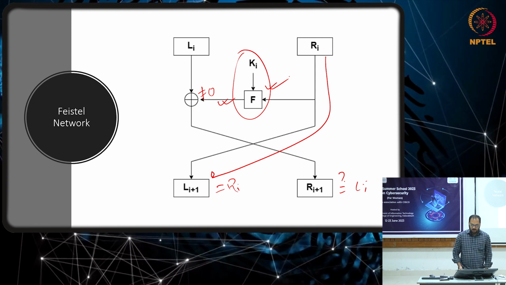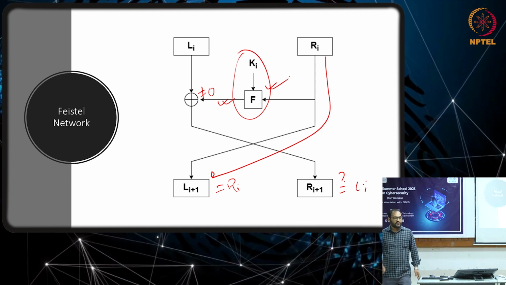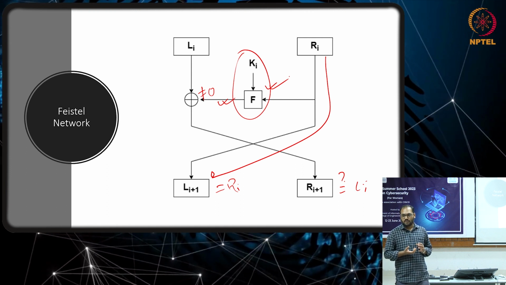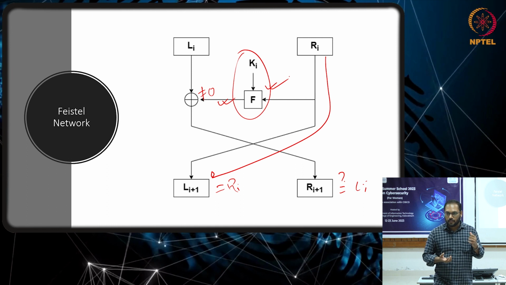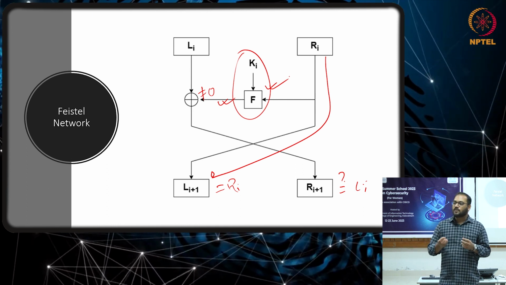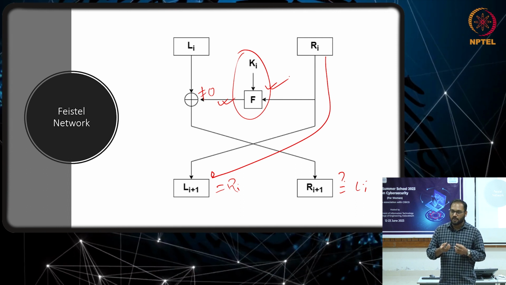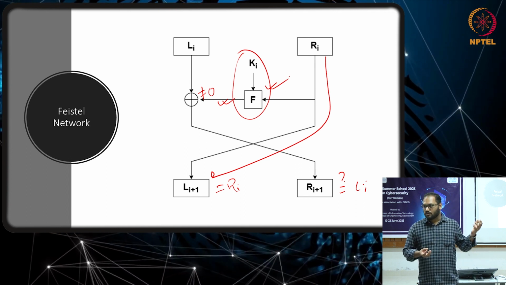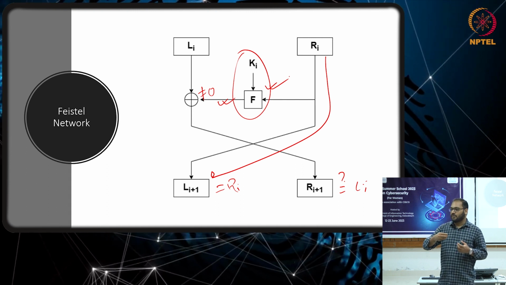So in Feistel network based ciphers, this F function is the most important. In this F function, there will be some mathematical operations going on. Some S-box can also be there. We are giving our key to this particular function box.